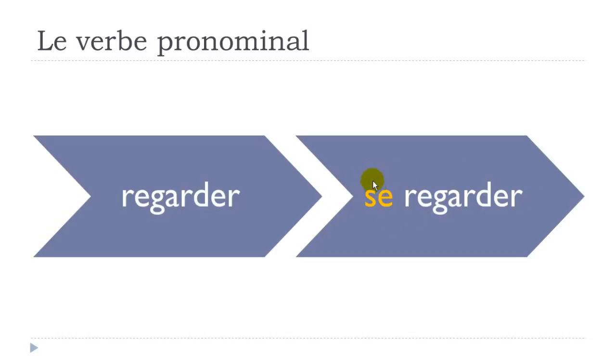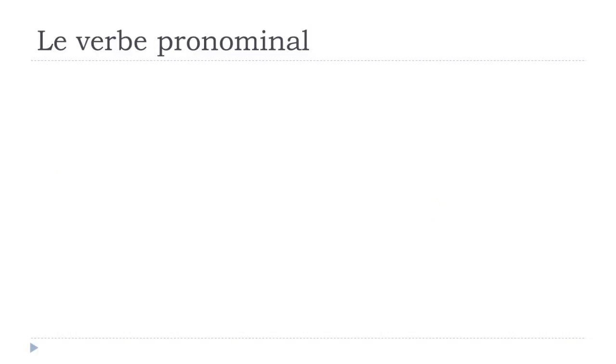Le verbe pronominal will be constructed all the time with this se before the verb. Se regarder, okay? And this se will basically change the meaning of the verb because regarder, to look, to watch, se regarder, to look at oneself, okay? So we'll take an example.